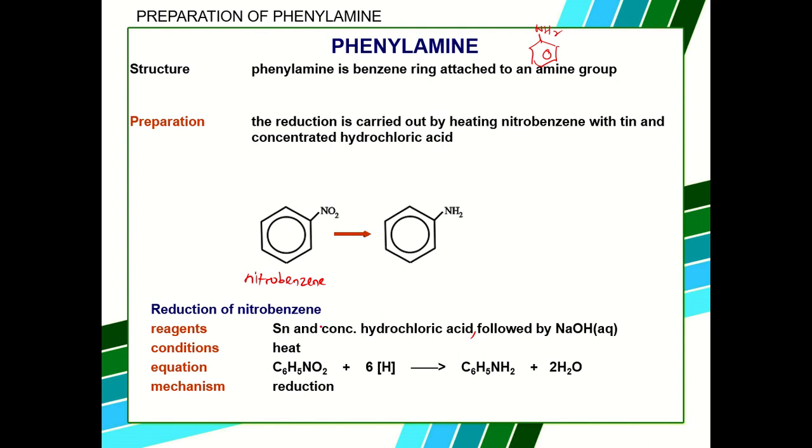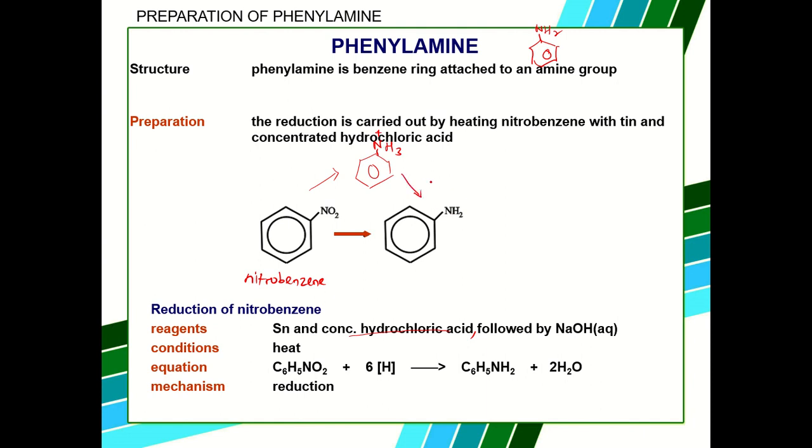Because tin and concentrated hydrochloric acid will actually turn nitrobenzene to an ammonium salt, NH3 plus here. Why an ammonium salt? Because there's a lot of acid here. But remember, we want to get phenylamine. We do not want NH3 positive, we want NH2.